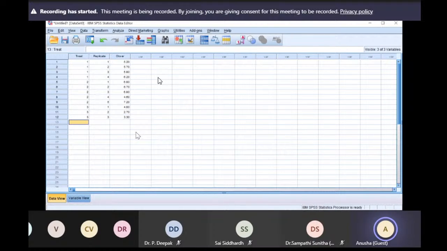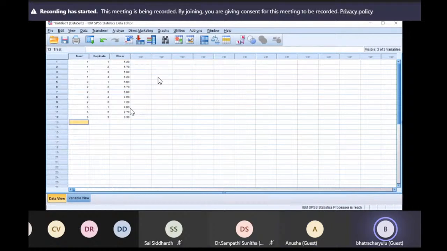Enter the treatment you have, how many times each treatment is repeated, and the corresponding observations. For the second treatment, how many replications there are and the corresponding observations. And the third treatment, repeated 3 times, and you enter the observations.